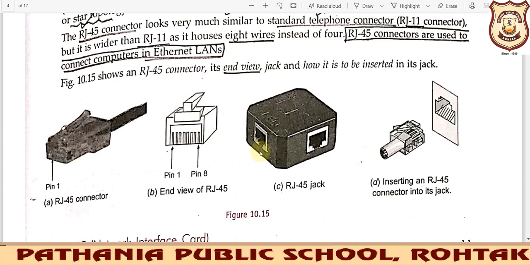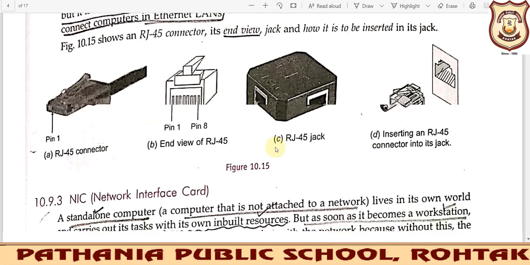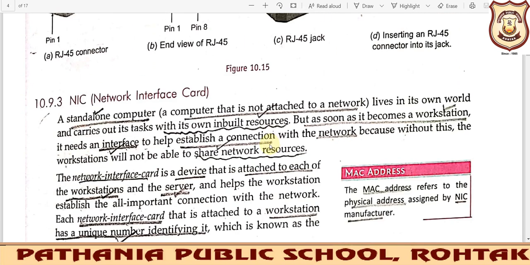Next is the network interface card. When your computer is not connected with the internet, your computer is known as a standalone computer. But when you get connected with the internet, what happens then?